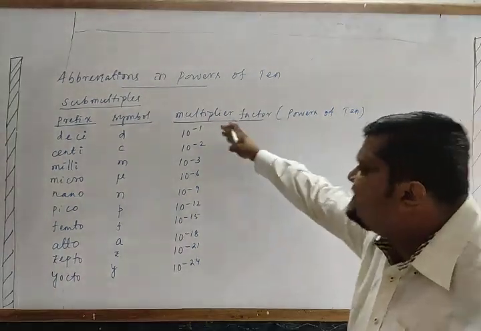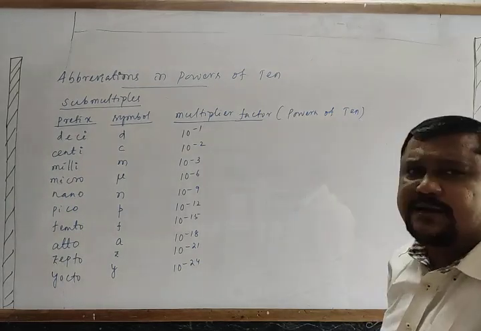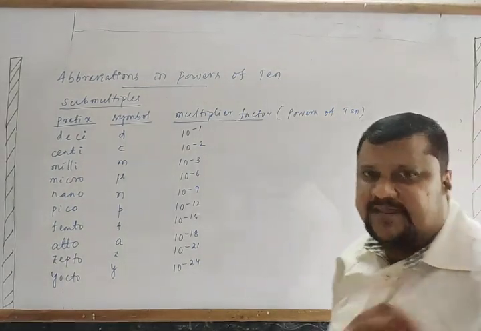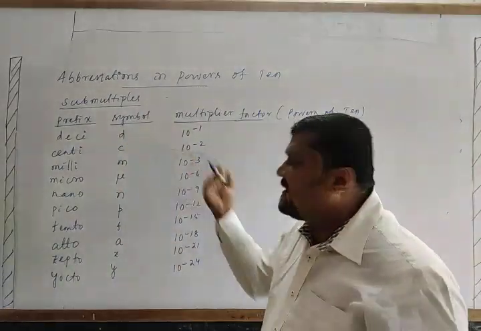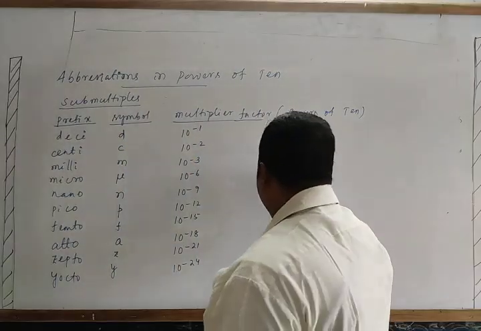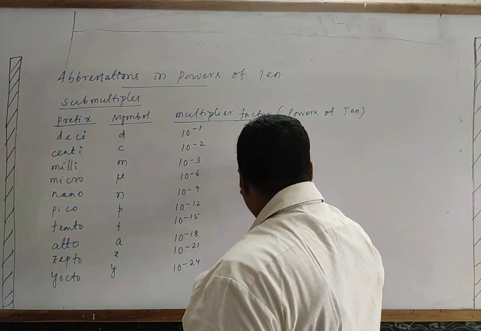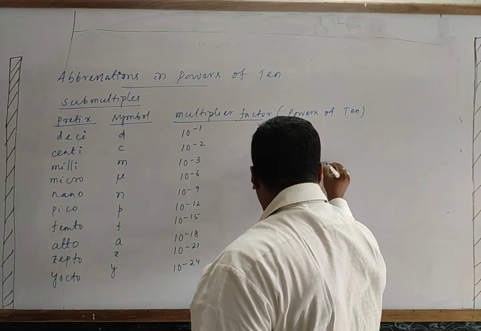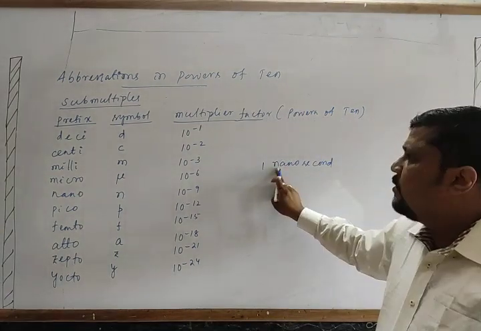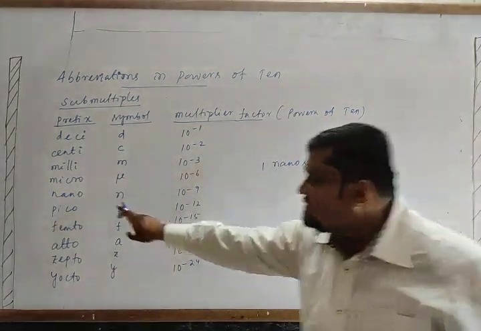When I am using this, how will I use it? The important thing is to remember the word prefix. Suppose I use a nanosecond. I will write it as 1 nanosecond. So nano is a prefix.